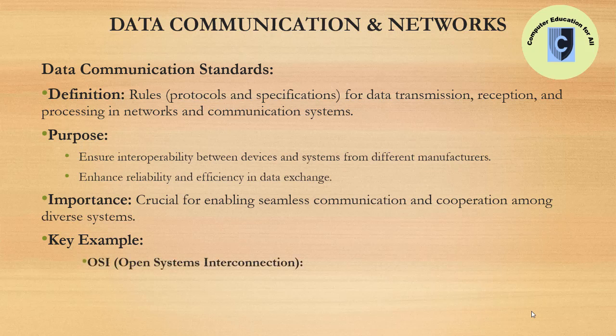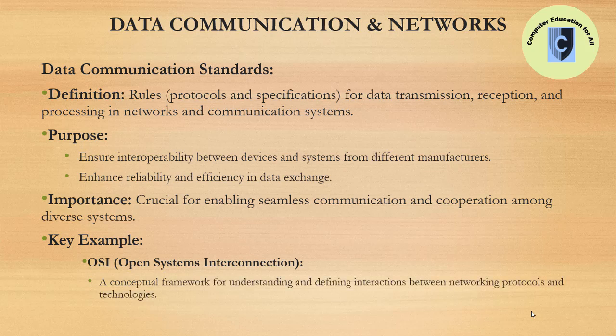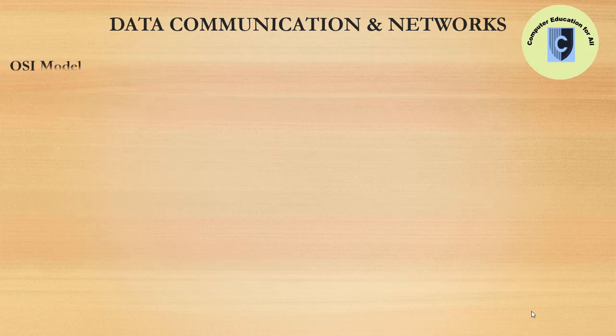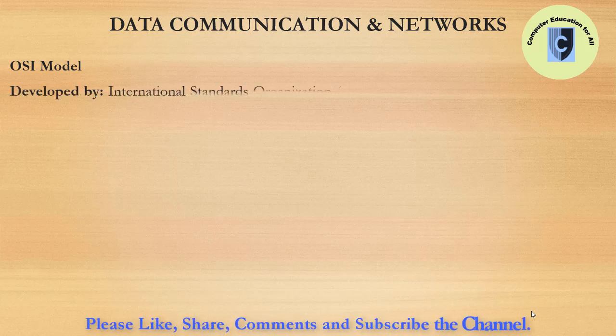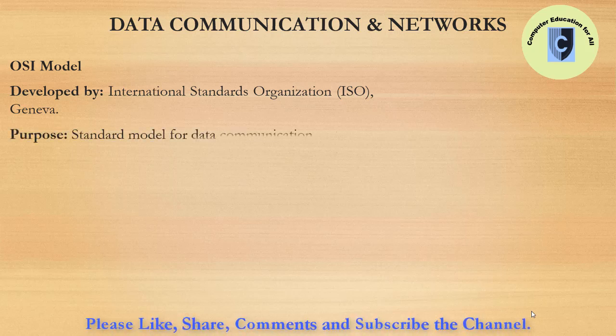The OSI, Open Systems Interconnection, is one such standard conceptual framework used in the field of computer networking to define and understand how different networking protocols and technologies interact and work together. Open Systems Interconnection, OSI model. The International Standards Organization, ISO, based in Geneva, developed standards for international and national data communications.